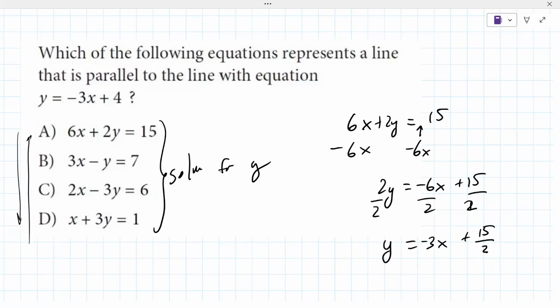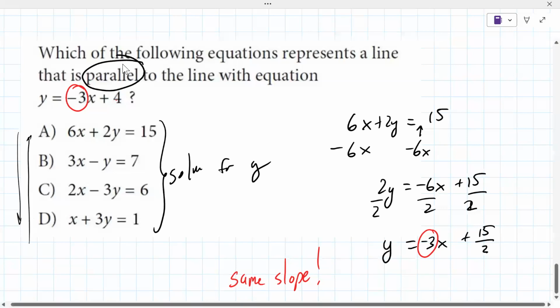No. Why is this not the answer? What's required for a line to be parallel? They have to have the same slope as a starting point. It's possible that they could be the same line, but that would require the same b value.